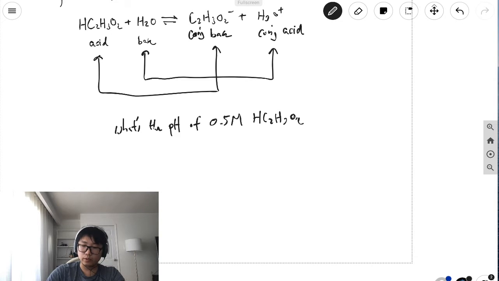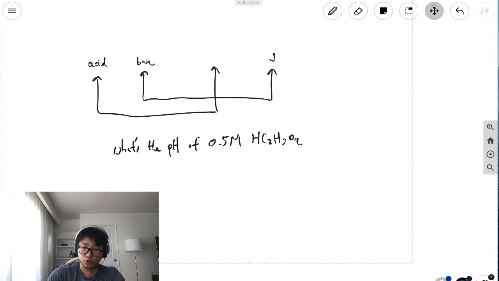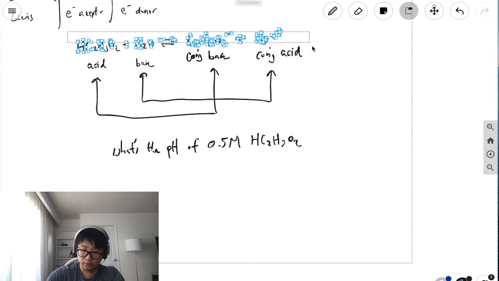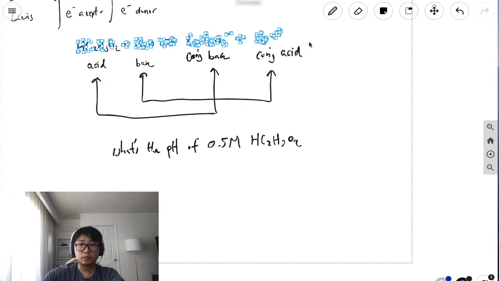Okay, so how do we begin this problem? We say that we have a weak acid here. So weak acid, I better write out a second definition, right? If it's a strong acid or base, then we can use the first definition. But this is a weak acid, so let me just copy that equation down, and you can write the equation once because you're going to have to build this ICE table with me one time.